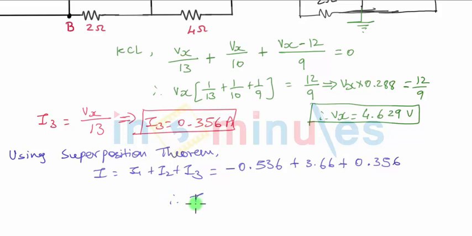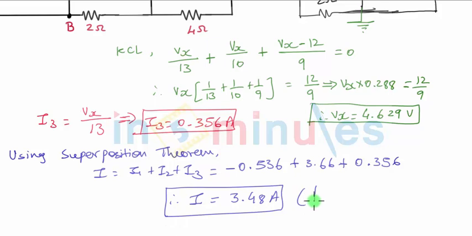So therefore my final answer for current through 5 ohm resistance becomes 3.48 amperes. And we will also mention the direction, which is in the downward direction. So current that we had defined was flowing from A to B, and the value comes out to be 3.48 amperes.